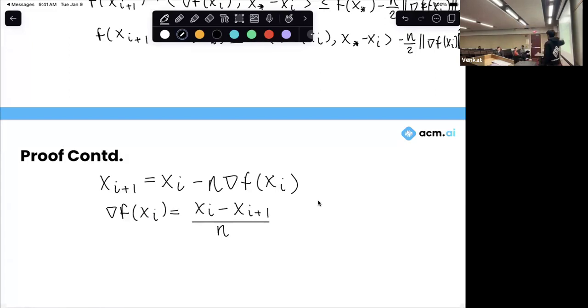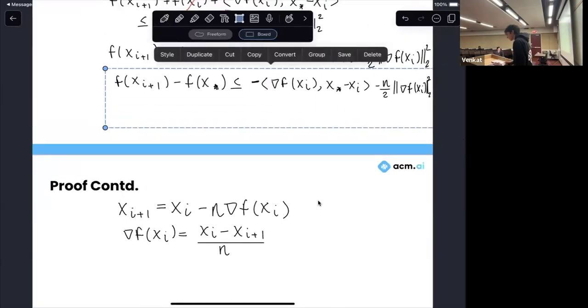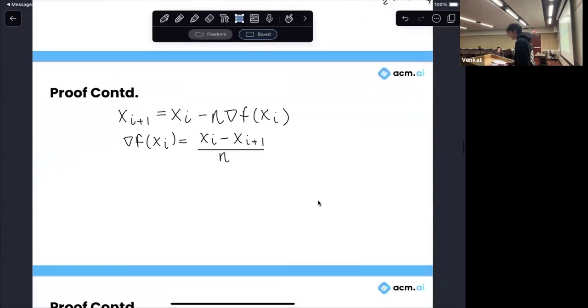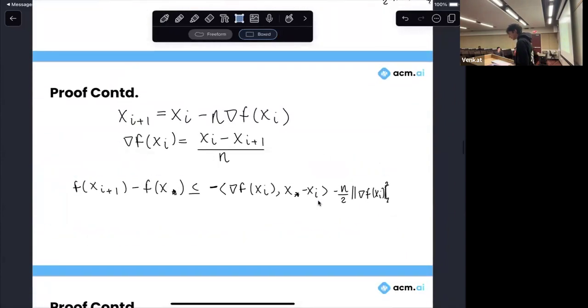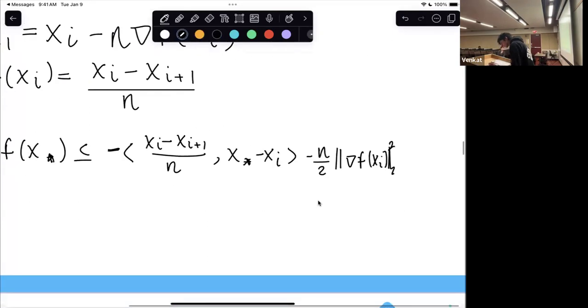Hopefully we're all good with this. And naturally, we're going to substitute it into this wherever we see the gradient symbol. So what we have here is this will now be xi minus xi plus 1 over alpha.